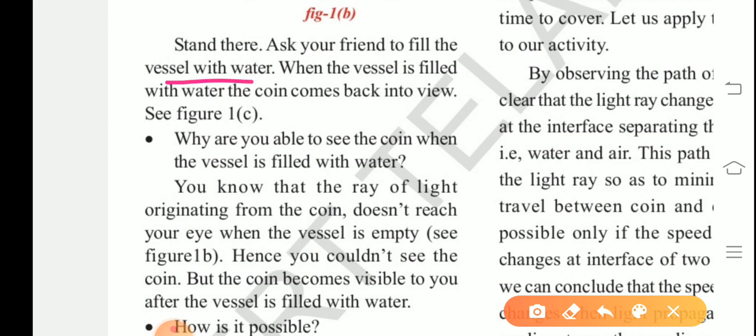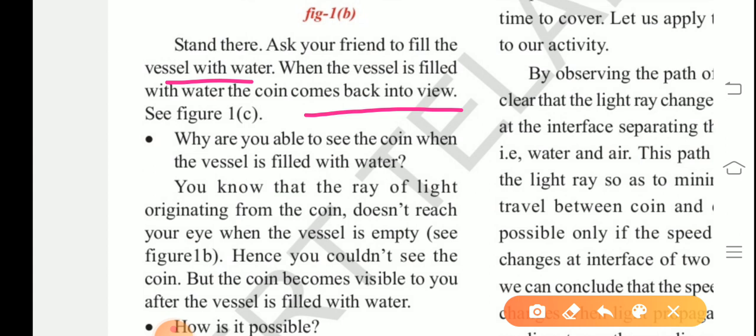When the vessel is filled with water, the coin comes back into view. When you stand away from the empty vessel, you can't see the coin, but when it is filled with water, you can see the coin.